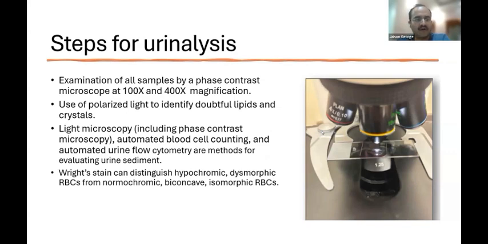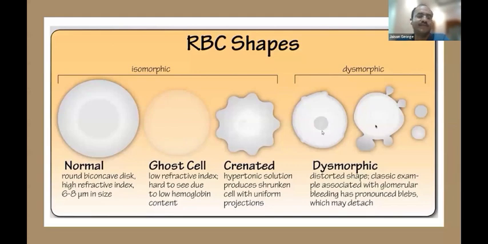Light microscopy, automated blood cell counting, and automated urine flow cytometry are also methods for evaluating urine sediment. Wright stain can distinguish dysmorphic RBCs from isomorphic RBCs. Now, what are isomorphic and dysmorphic RBCs? RBCs in the urine can appear isomorphic or dysmorphic.